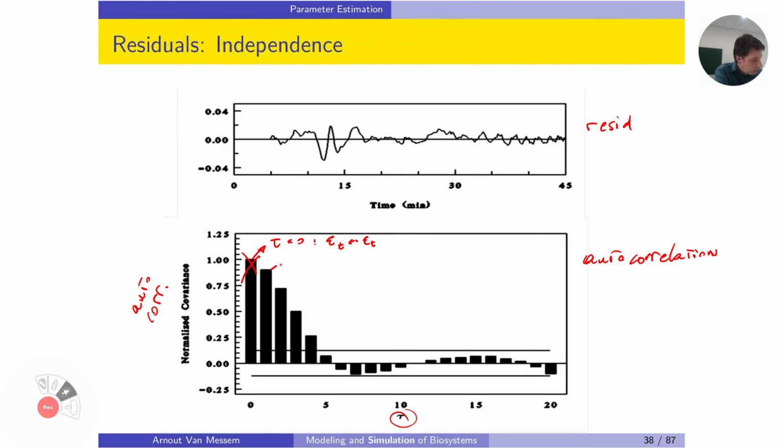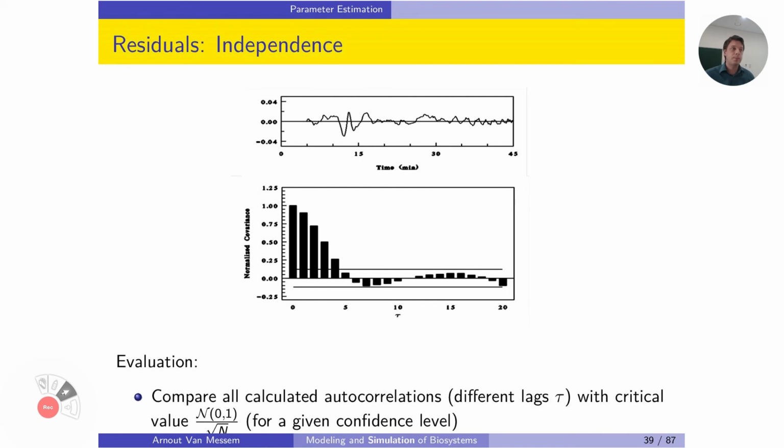Then the second one is for tau equal 1. This one checks epsilon t versus epsilon t plus 1 over all time points that we have. Tau is 2 checks epsilon t versus epsilon t plus 2, and so on. And we make these correlations, and as we said, we want them to be small. So the question is now, how small do we want it to be?